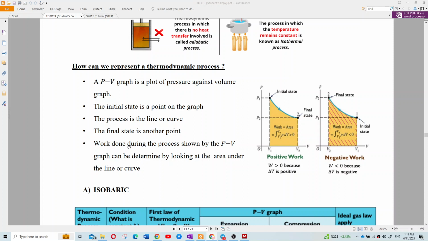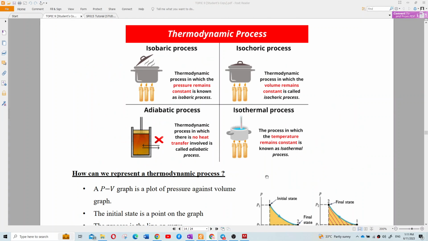Work done during the process shown by a PV graph can be determined by looking at the area under the curve. So the area under the curve is the work done. What work done is referred to?